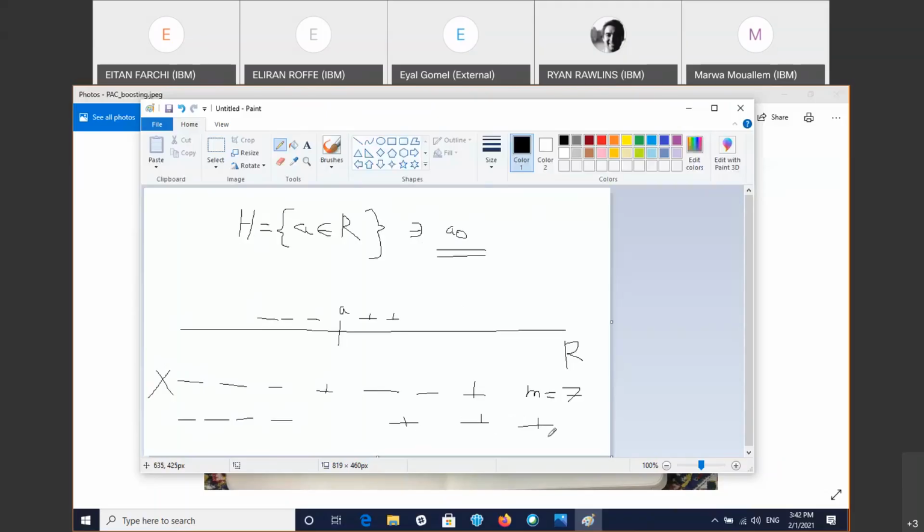Okay, so you got 7 points like this. So what's going to be your solution? Give me an algorithm. What's going to be the A that you're going to return?